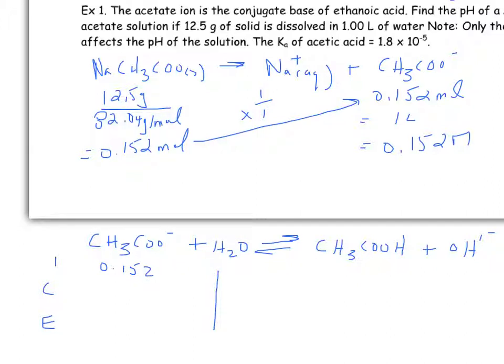Because this is a base equilibrium, I ignore any numbers concerning water. In order to find the pH of the solution, I can find the concentration of hydroxide at equilibrium, take the negative log of it to find the pOH, and then change it into pH by subtracting pOH from 14.